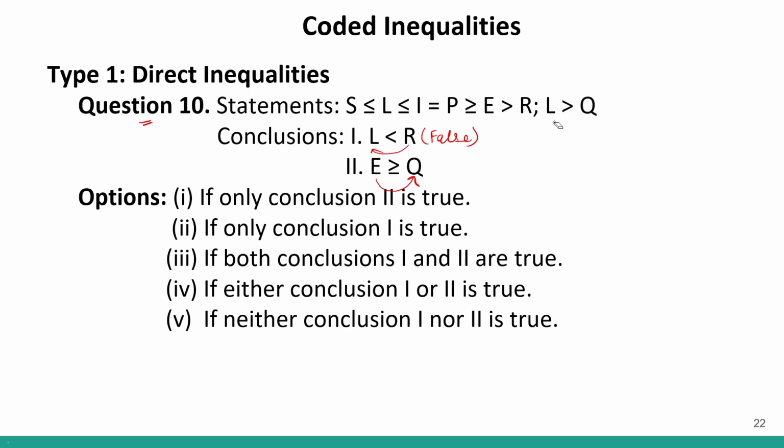If we move from bigger door to smaller door, let's say from E to Q, I can move up to R, but after R I cannot move anywhere. So this will also be false. So I will again say that neither conclusion 1 nor conclusion 2 is true. So my answer will be option number 5. Clear?